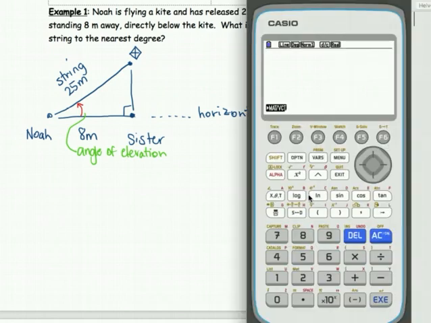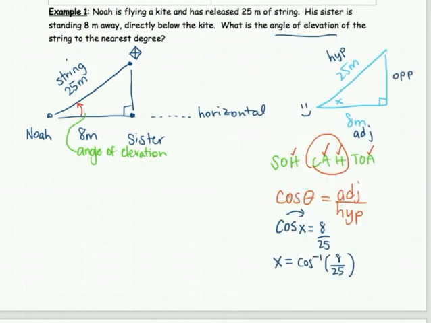Again, you can hit inverse cosine of 8 over 25. Oops, I forgot to do the brackets here. 8 over 25. There we go.